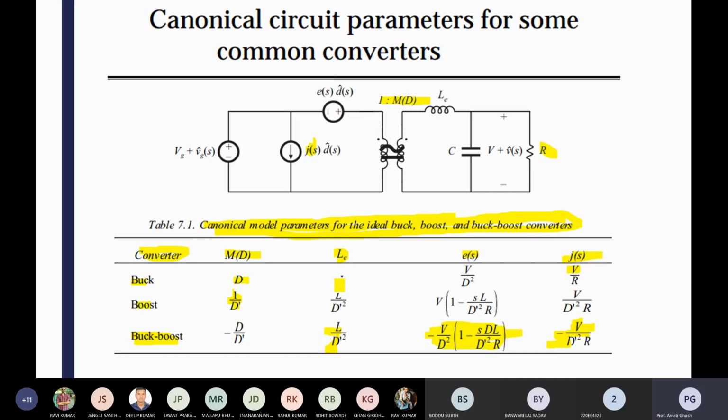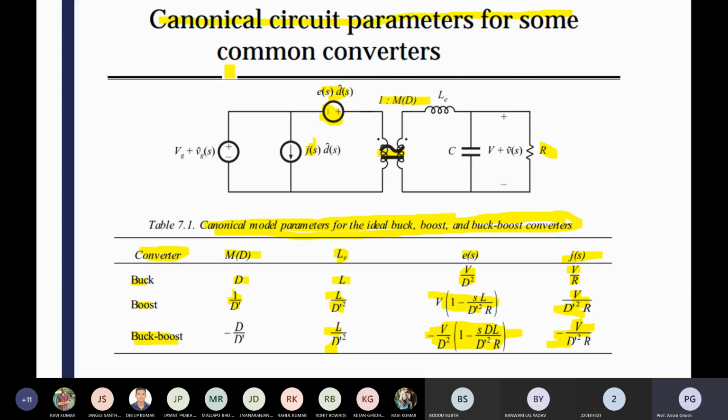You have to calculate the values for the canonical form: what is the value of Le, what is the value of Es, and Js for the buck converter; then for the boost converter, L by D dash square, then the Es value and the Js value for the buck-boost converter. You need to do it in your copy and cross check that the table is correct or not. That is your homework.